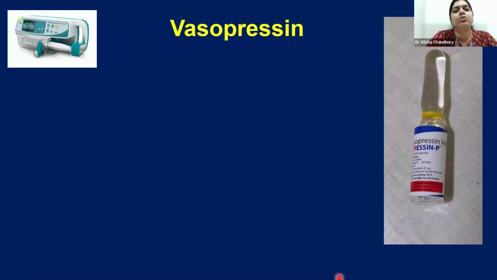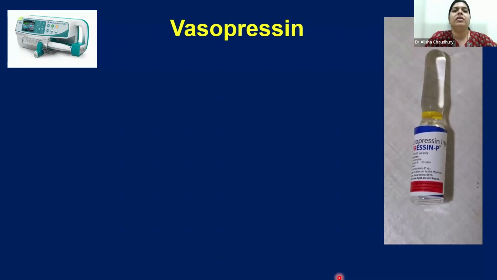So it basically acts through two receptors. One is your V1 receptor in your blood vessels and the other is your V2 receptor in the kidney. Stimulating the V1 receptor in the blood vessel causes vasoconstriction and increases blood pressure. The V2 receptor in the kidney will be responsible for accumulation of water in the body.